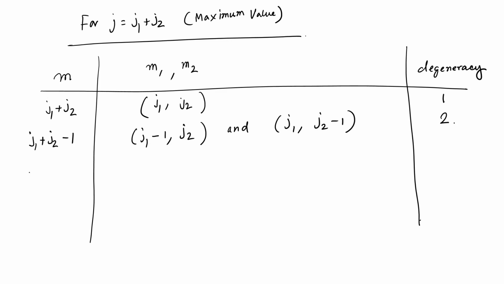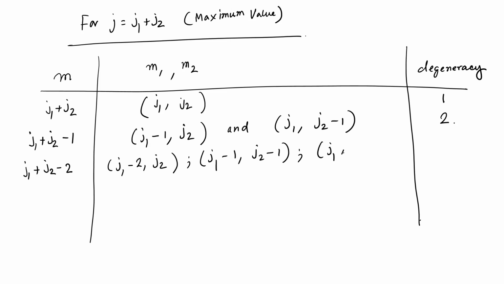Let me show you the next one, which is j1 plus j2 minus 2. This can be formed in three ways: you can have j1 and j2 minus 2, j1 minus 1 and j2 minus 1, and so on. So, there are three ways of doing this.